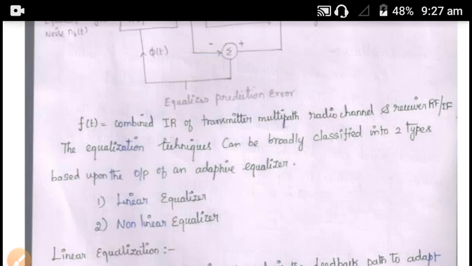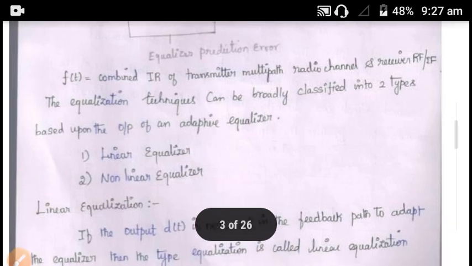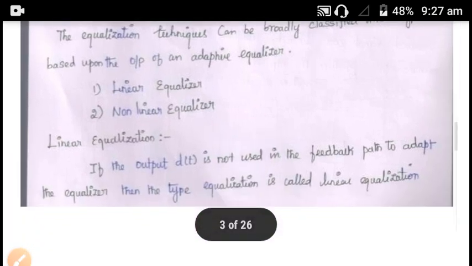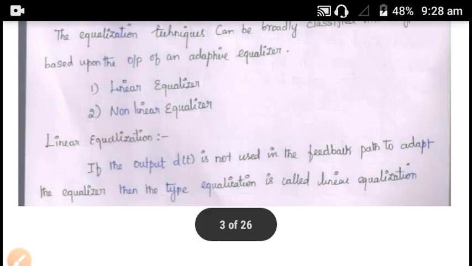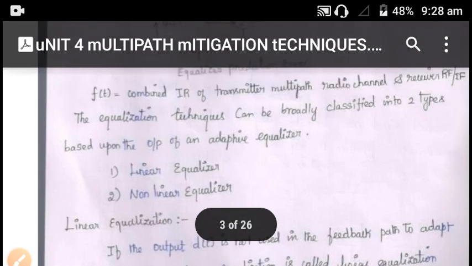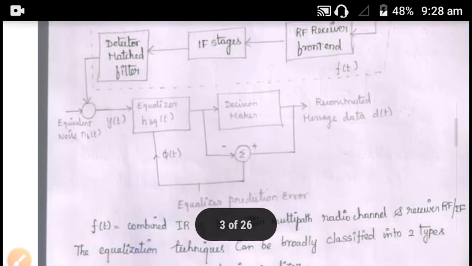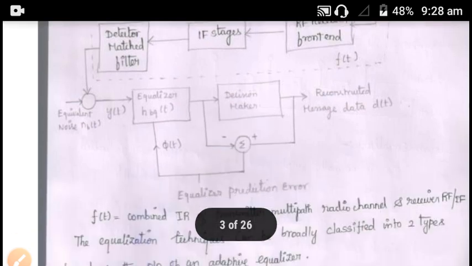The equalization techniques can be broadly classified into two types. What are the two types of equalization? That is linear equalization and non-linear equalization. What is linear equalization? If the output d(t) is not used in the feedback path to adapt the equalizer. Here the output is fed back to the equalizer, so which type of equalizer is this?